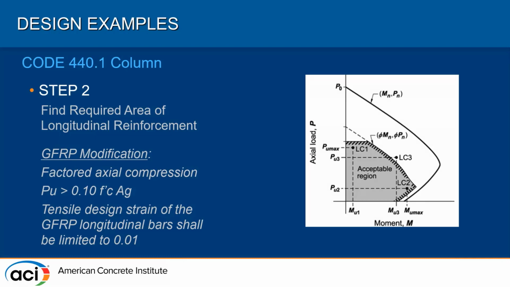It's the same with steel, but this is just something to be a lot more aware of. And we need to make sure that the strain in the bar does not exceed the 0.01 strain. So that's just one extra check besides our typical concrete column design.